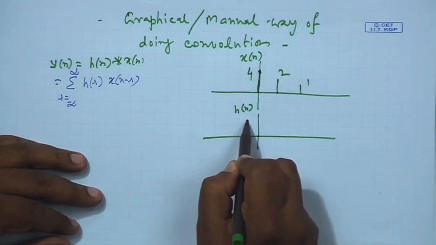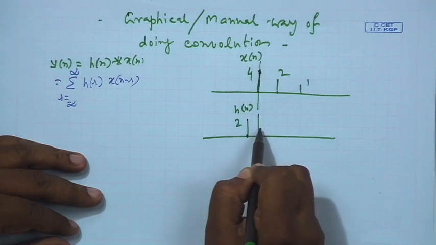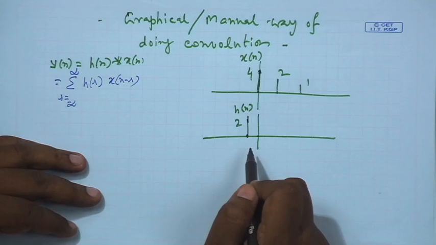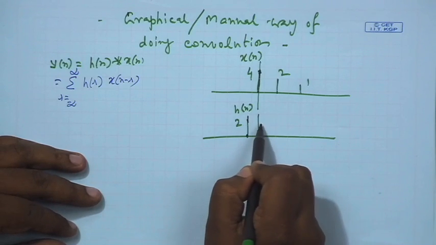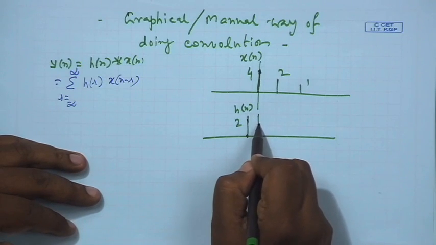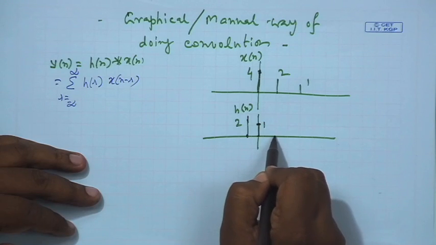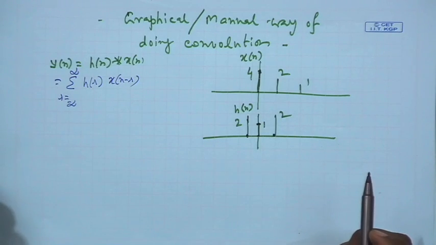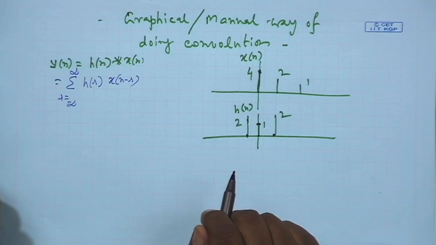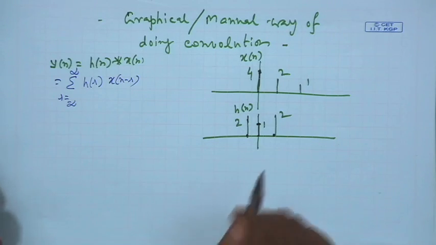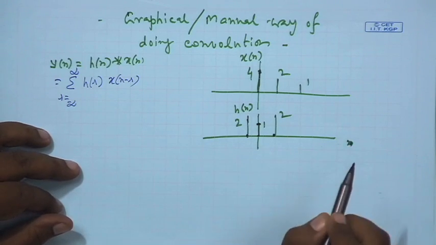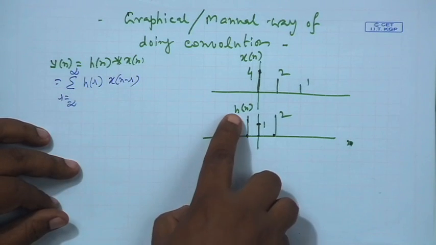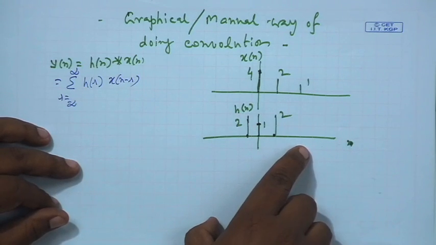At -1 it is 2, at 0 it is 1, and at 1 again 2. You have to convolve them. Now, to convolve them, first thing is I have got h[r]. So instead of writing it as h[n], you write it as h[r].